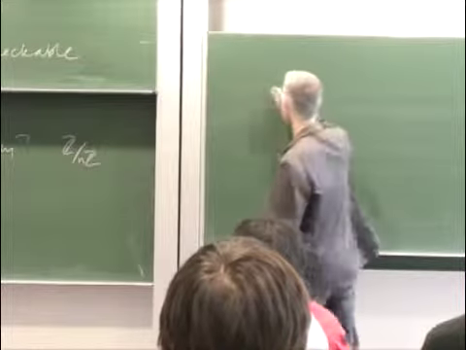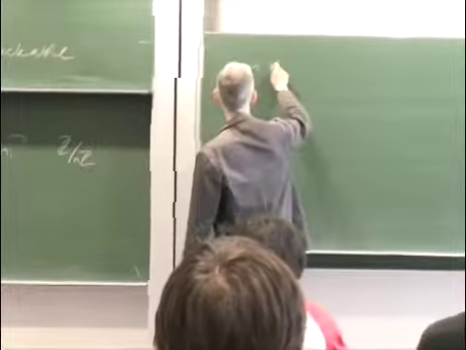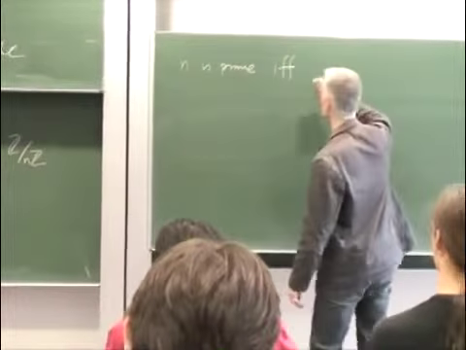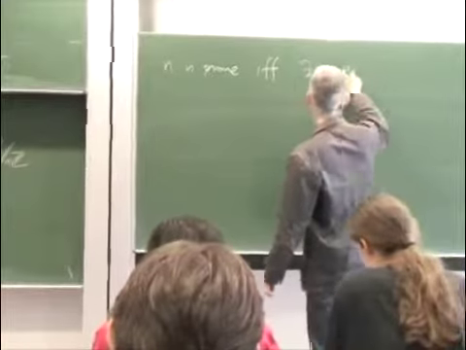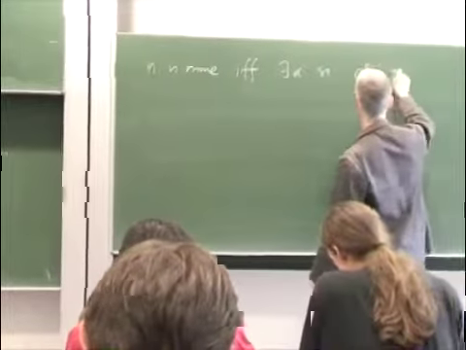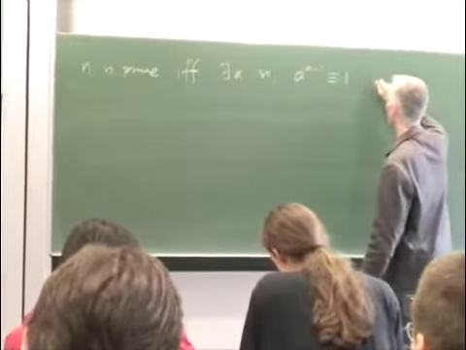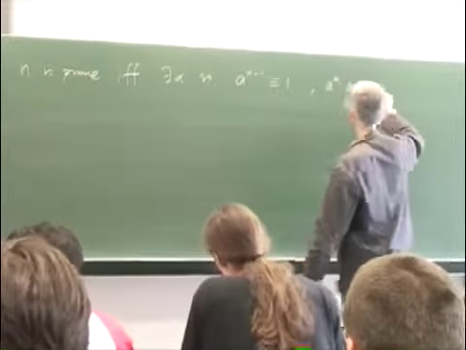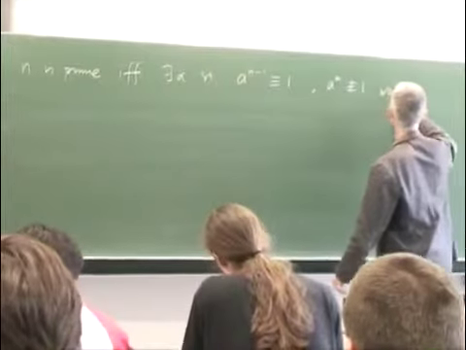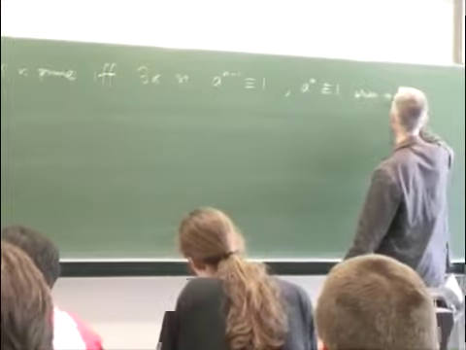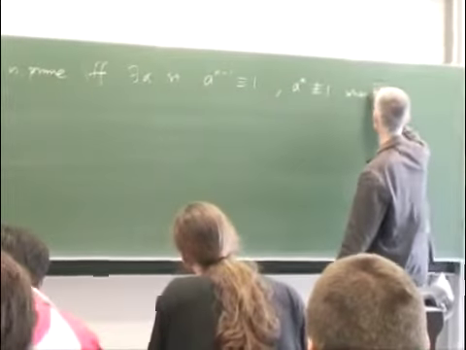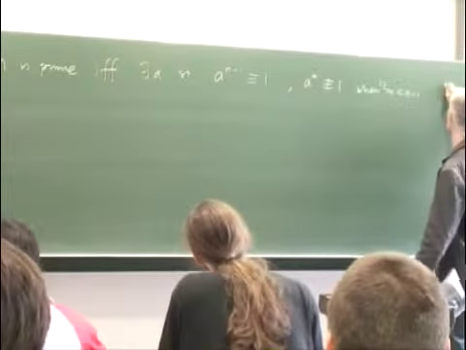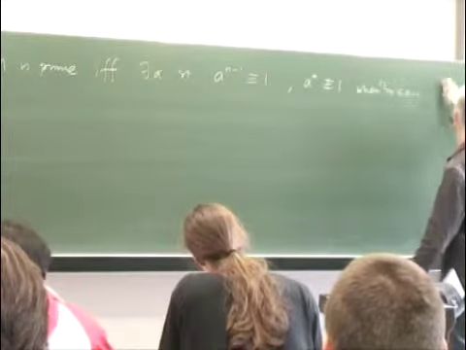So let's just write that. n is prime, and I'll justify the if and only if in a moment, if and only if there exists a such that a to the n minus 1 is congruent to 1, and a to the m is not congruent to 1 for 1 less than m less than n minus 1, and all that is mod n.